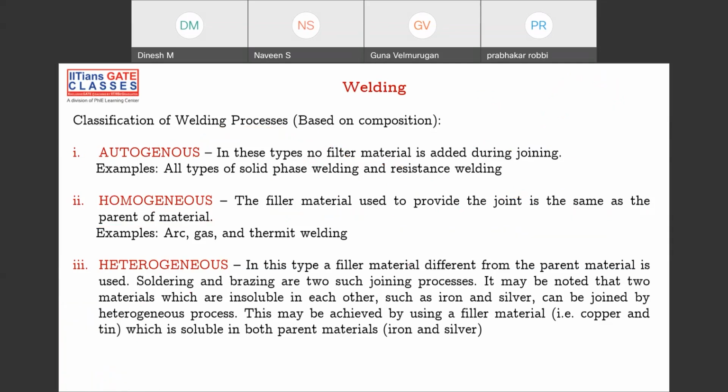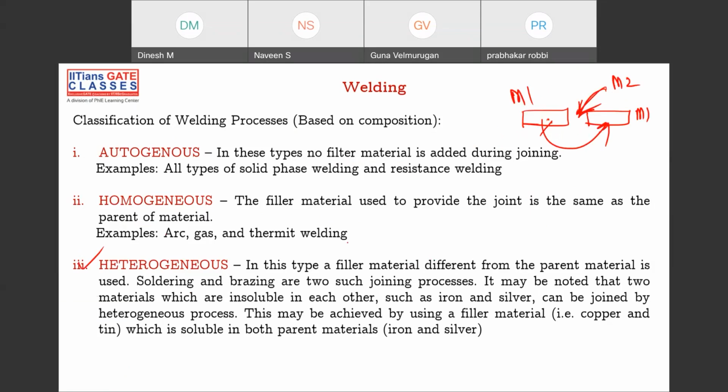Right? And what is heterogeneous welding? Heterogeneous welding is nothing but you're trying to join two different objects, and these plates might be similar or dissimilar, doesn't matter. Let's say these are similar, and you're joining these two plates of similar material with the help of some other material. This is material 2, and this is material 1, and this is material 1. So these two plates are joined with the help of some other material 2, and that's the reason why this is called heterogeneous welding.